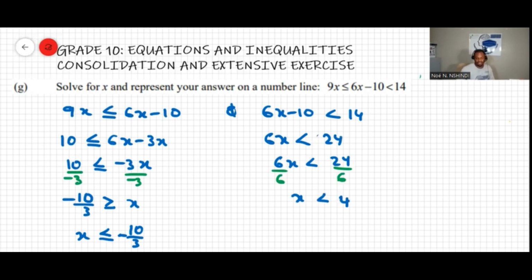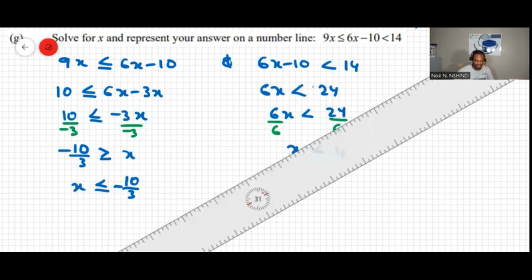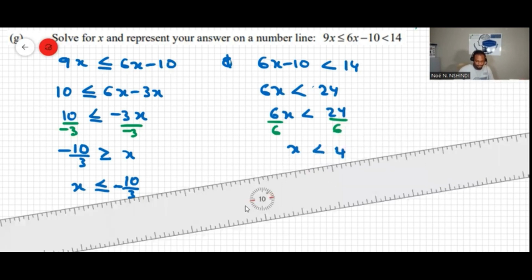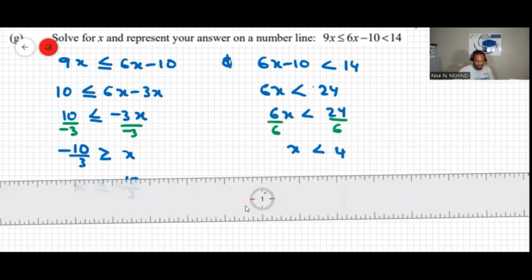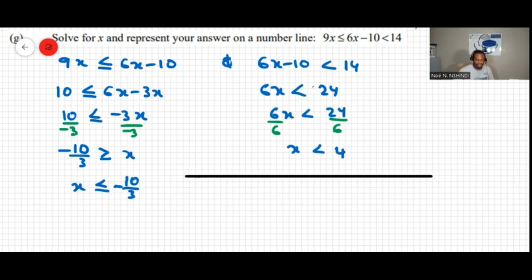Now we can understand it better on the number line. If I draw my number line here, I'll place negative 10 over 3 there, and then 4 over there.